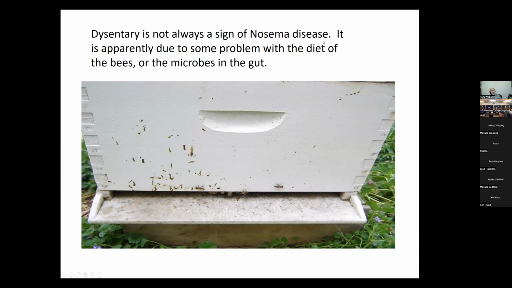It's not always a sign of nosema disease. In fact, I've gone to scrape off some of these spots from my hives or other hives belonging to other beekeepers. A lot of times there's no sign of nosema in those scrapings at all. Sometimes it's due to some other problem with the diet of the bees, and I can't tell you what.